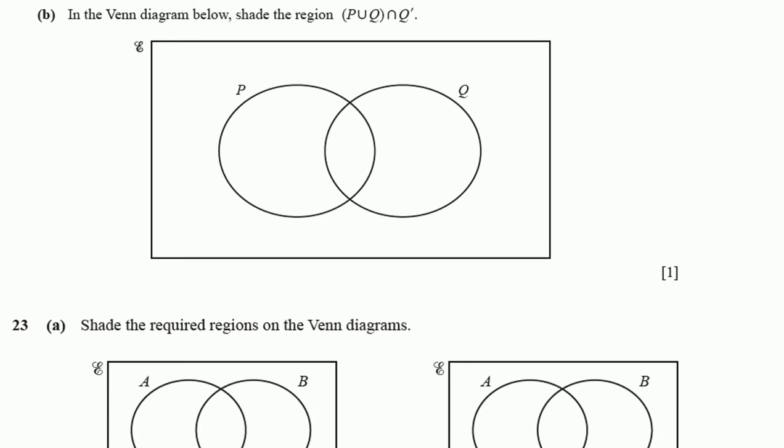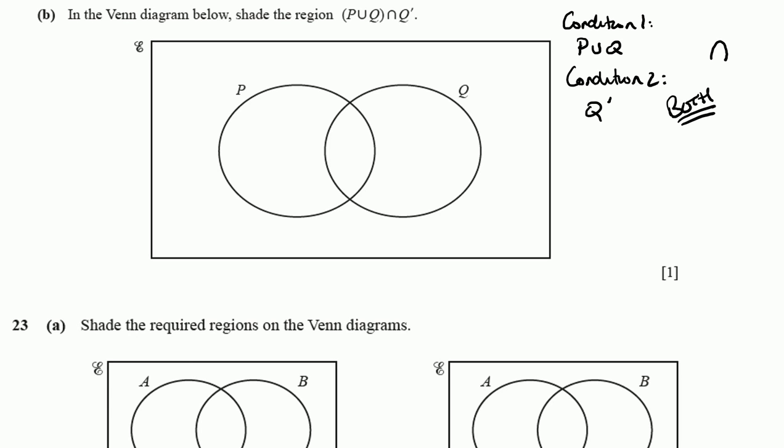So we have quite a complicated looking request over here to shade a region given by P union Q intersect Q dash. So we're trying to satisfy 2 conditions at the same time. Condition 1 is that we must be in P or Q. Condition 2 is that we must be not in Q. Because we're using this symbol, the intersection symbol, we must satisfy both of these conditions.